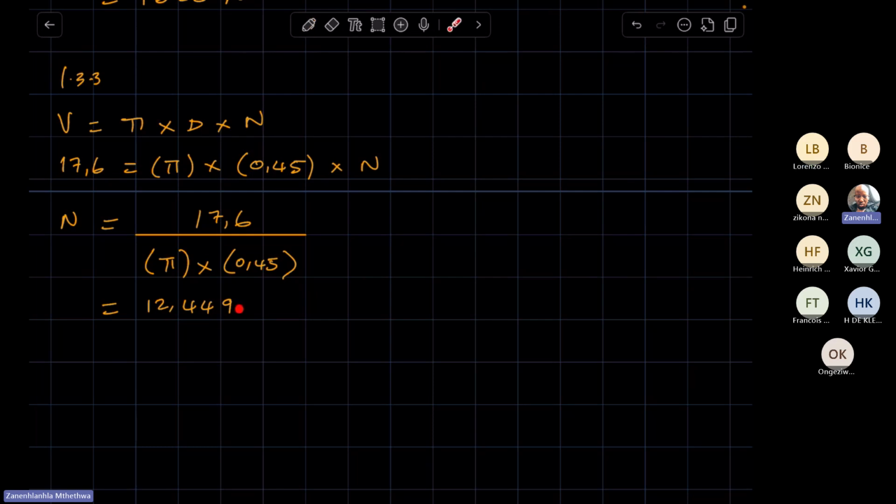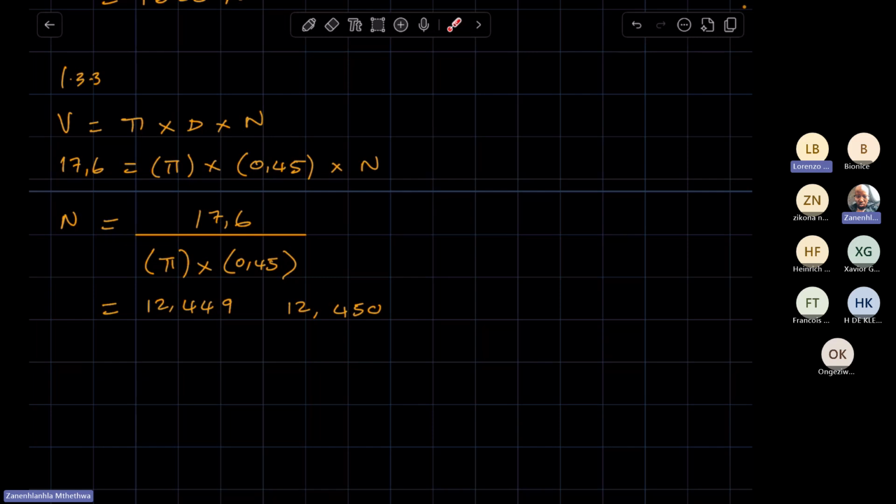What's the number after the 9 here? At the 9, it is a 4. So you can round it to 449. Only if the number after the 9 was 5 and above would you round it up to 2,450.